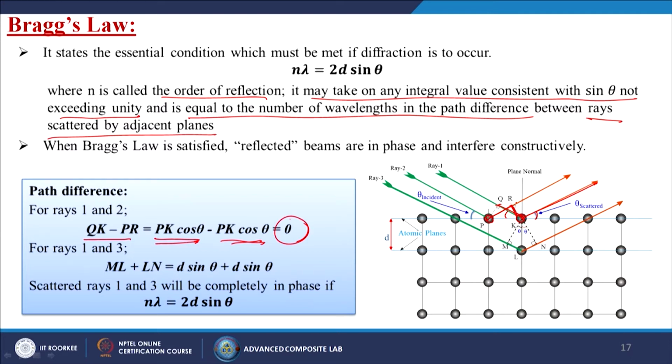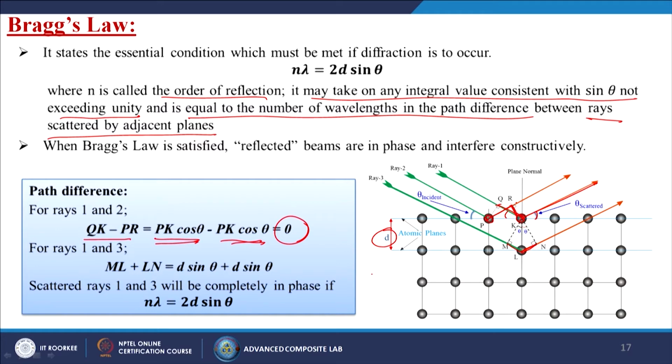So, what is the value over there? It is 0. But when you talk about rays 1 and 3, because they are in the same plane, how do we get it? We make the perpendiculars from the point K onto the rays, so the path difference is ML plus LN. Here the distance between K and L is small d, which is the interatomic distance.